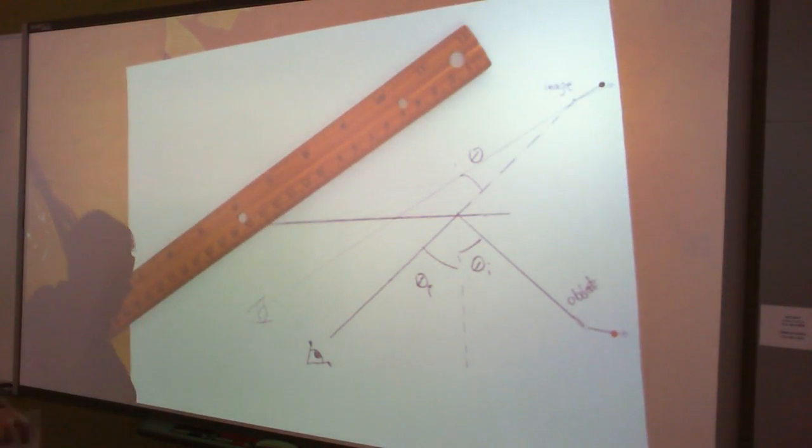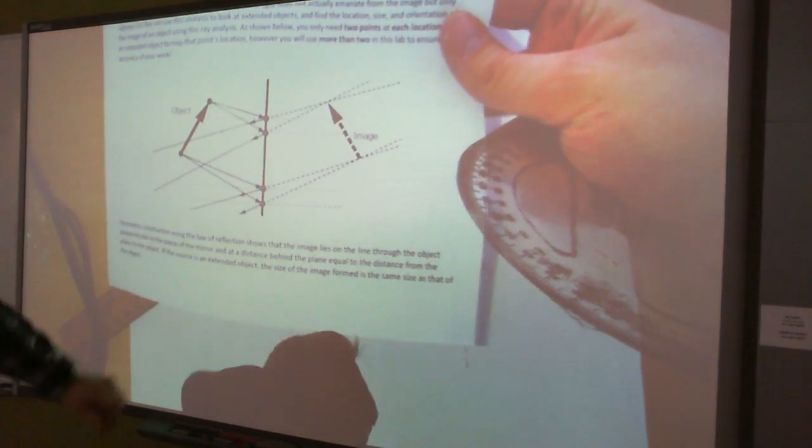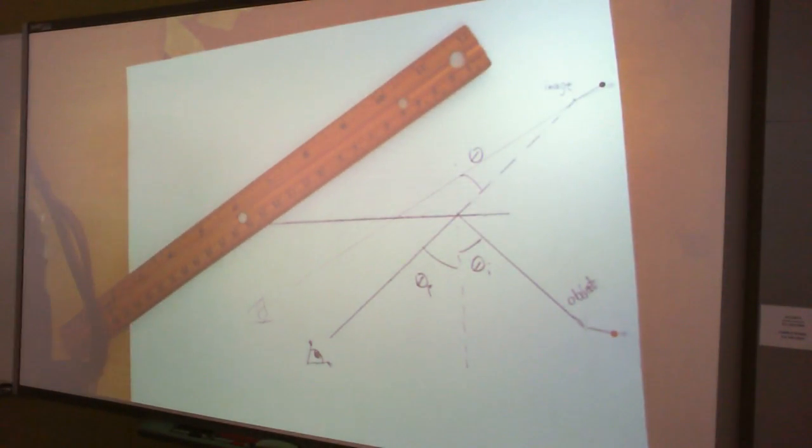You're going to end up, just like we had on this page, with 3 lines of sight for that one pin on the next part. And then after that, you're going to do it one more time with an extended object. And then the rest of this is practice.